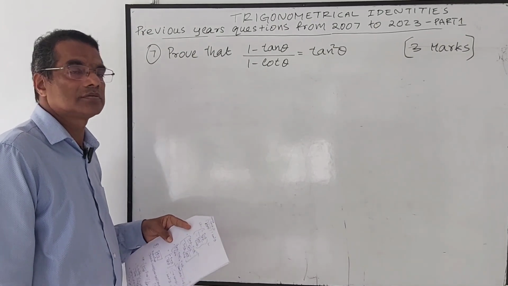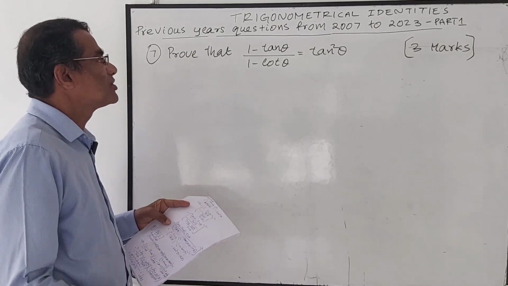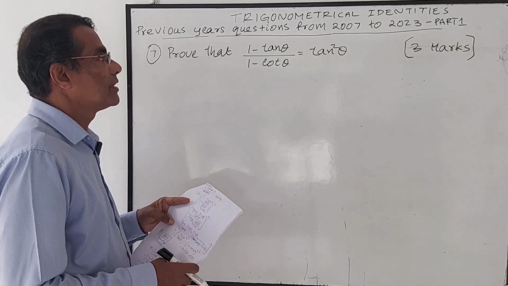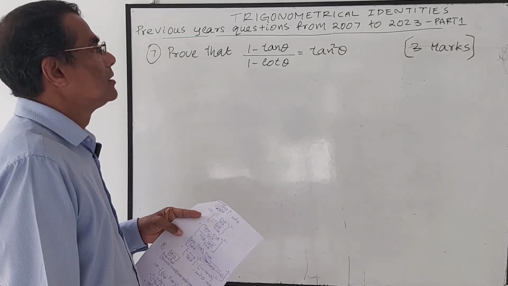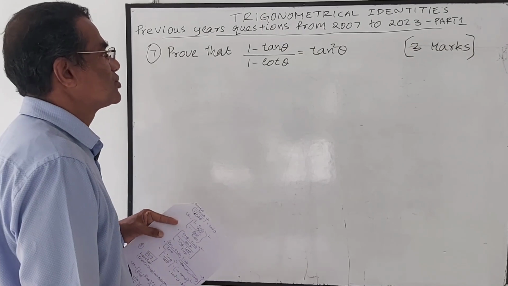The seventh question. Prove that 1 minus tan theta by 1 minus cot theta equal to tan square theta. This question is for 3 marks.